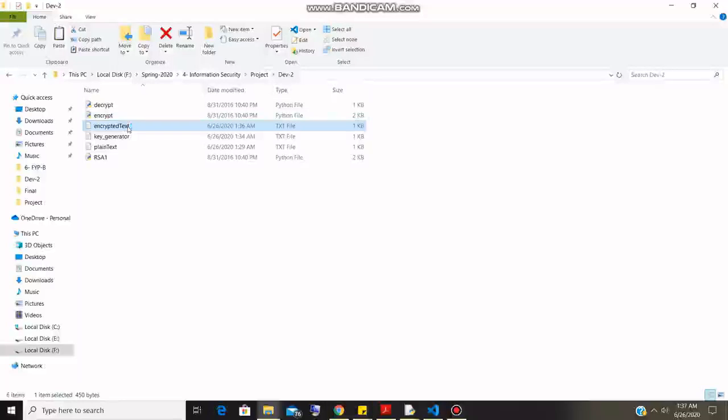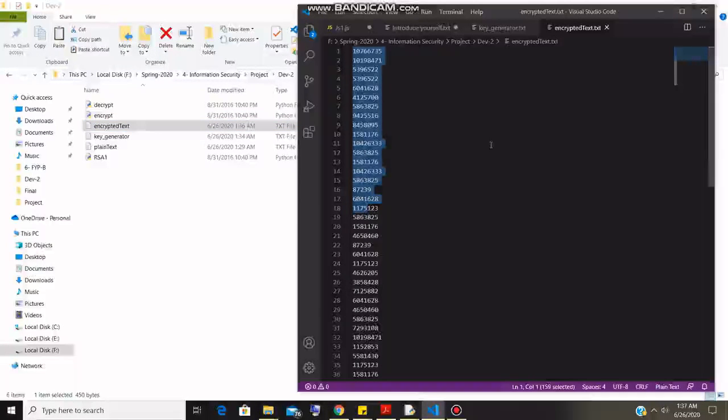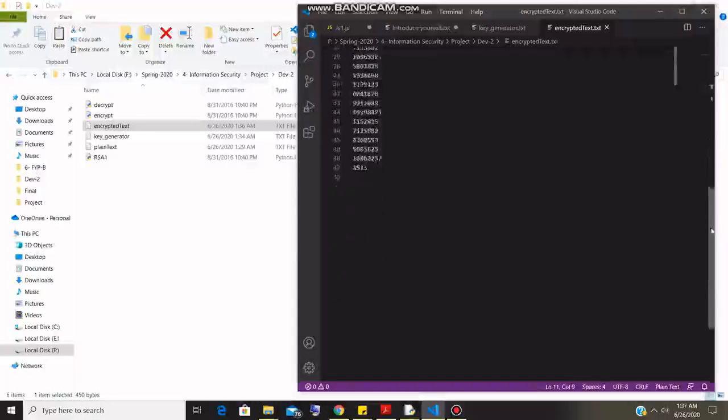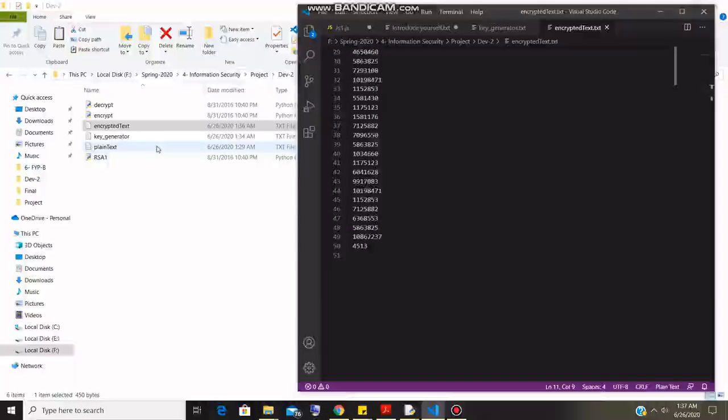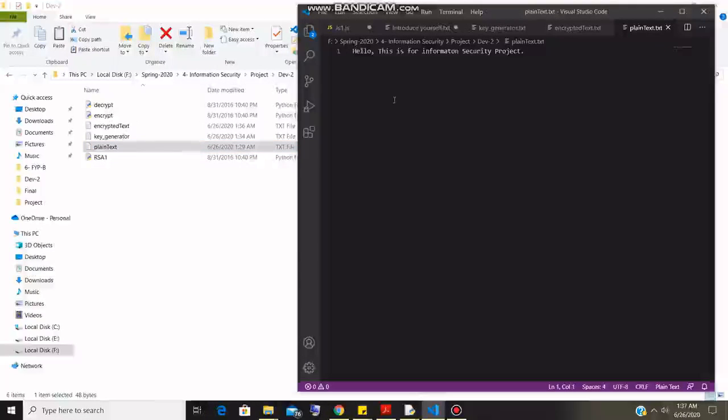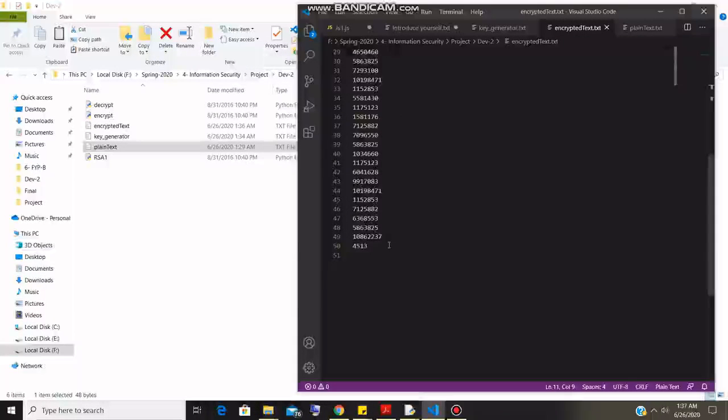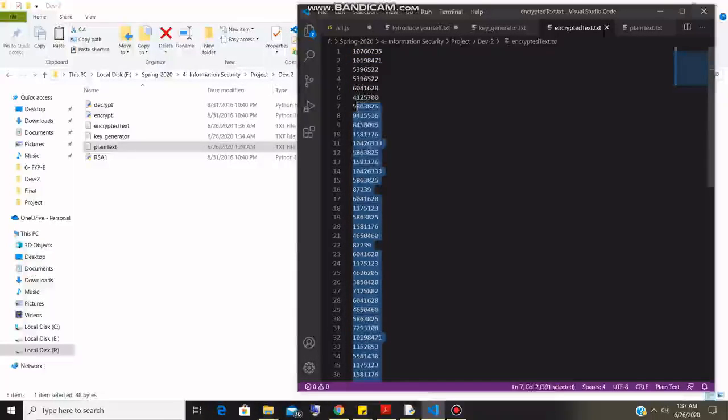So let's see how it has encrypted. It has encrypted it in this way. What was the encryption data? It was basically, hello, this is for information security project. Now it is encrypted. We cannot recognize what it has written here. So now let's decrypt it back.